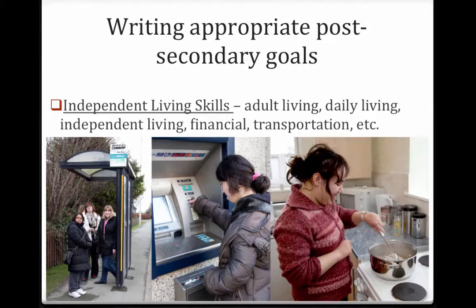That's not something that, again, we can predict 5 or 6 or 10 years down the road that this is going to happen. So we look at, as this person is exiting the school system, what exactly is it that we're going to be moving them toward, and that is what we plan our goals and objectives on, not what might happen 5 or 6 or 10 years down the road.